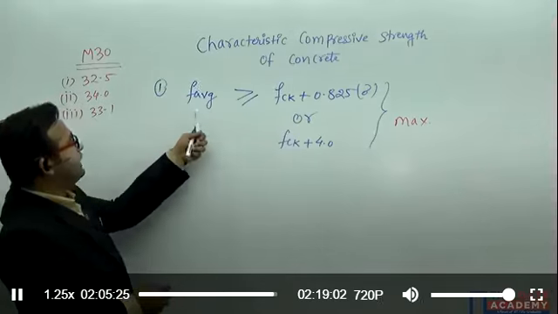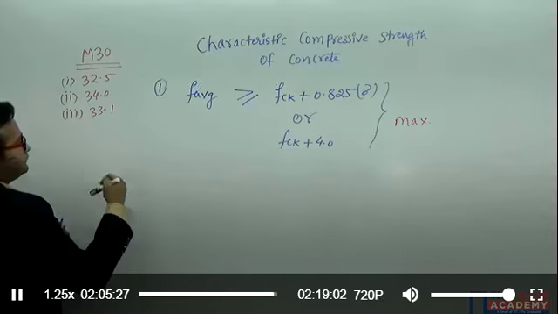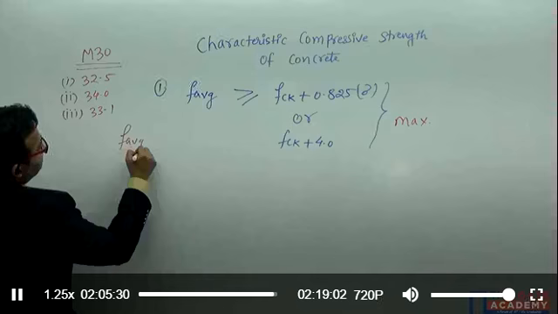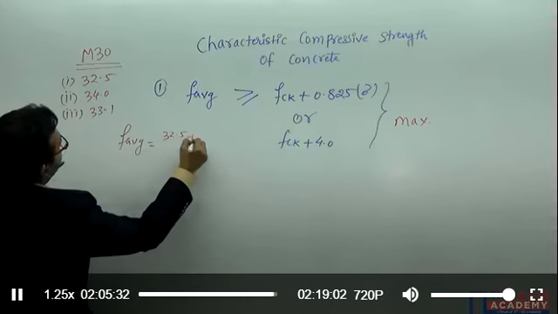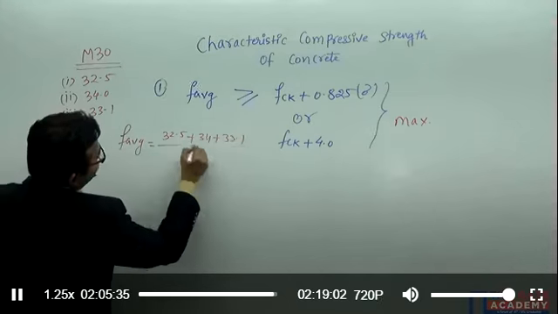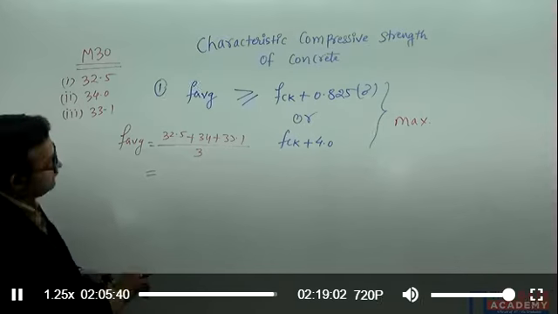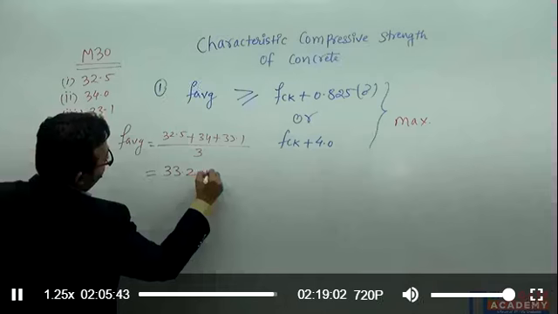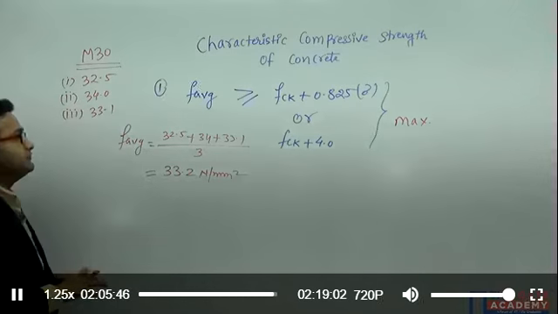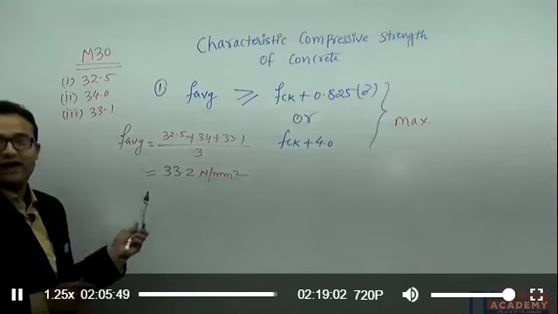First of all, I am going to calculate f average. Your f average is equal to 32.5 plus 34 plus 33.1 divided by 3, which is equal to 33.2 Newton per mm square. So this is the value of f average.